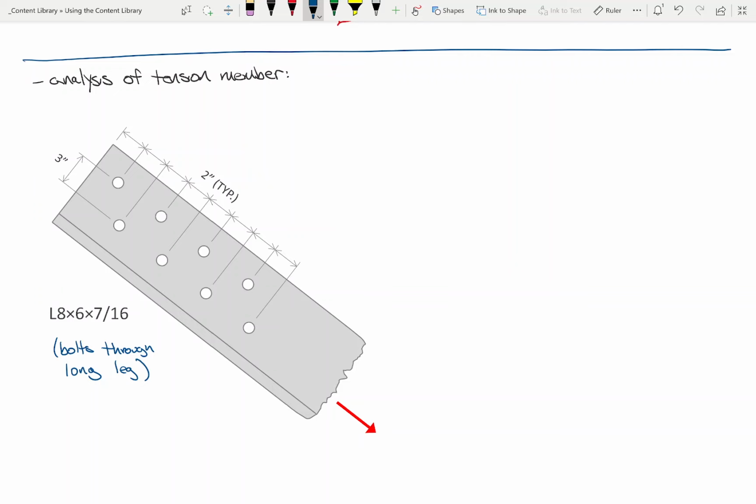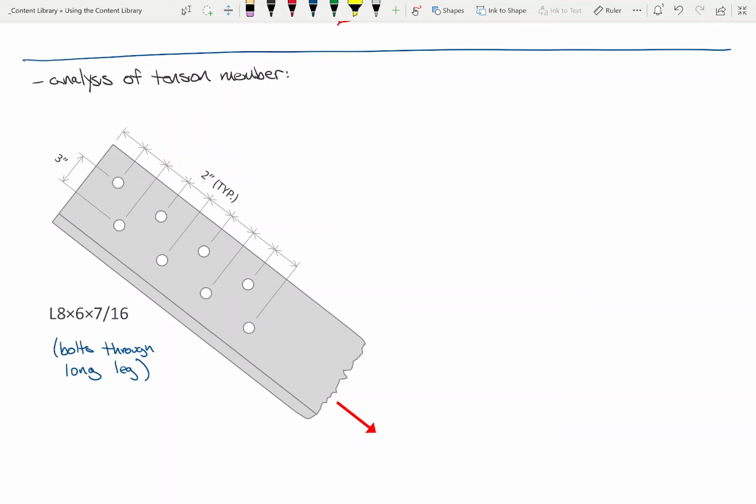If you have an angle that looks like this, chances are you're going to bolt through this side and not that side. So unless otherwise stated, you can just assume the bolts are through the long leg, in most instances. So the last part was review of CE 312.